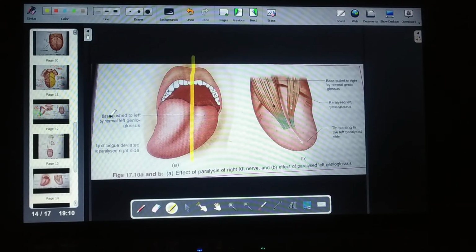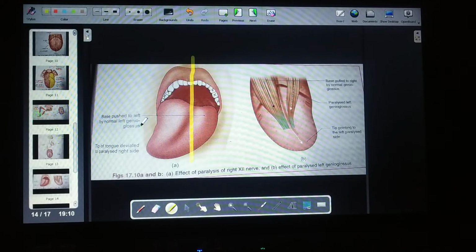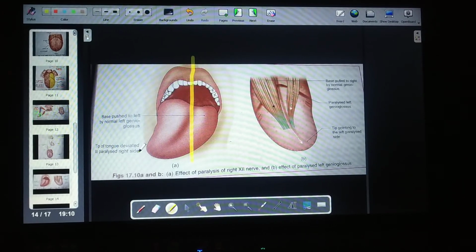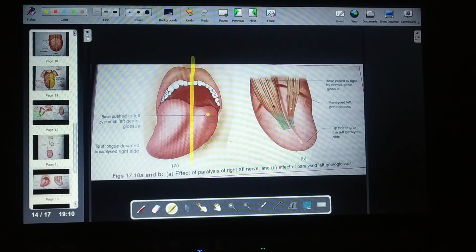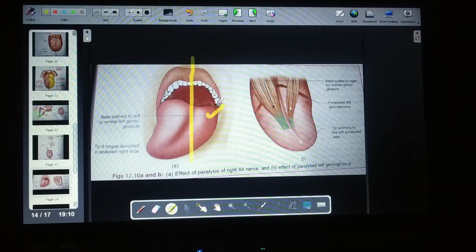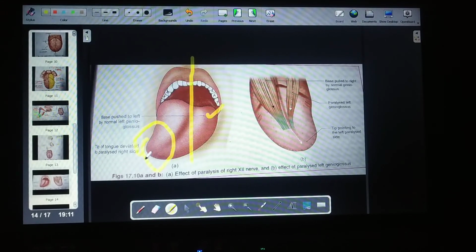So the base is pushed to the left side by the normal left genioglossus, and the tongue will deviate to the paralyzed right side. This means my left side is normal, but the tip of the tongue will always deviate to the paralyzed side.